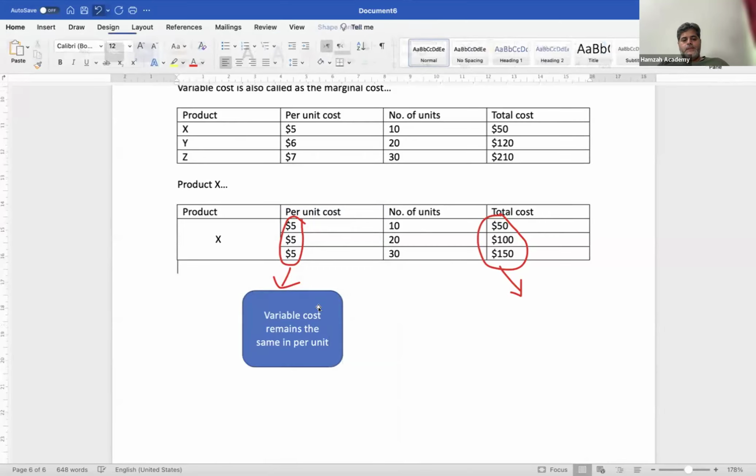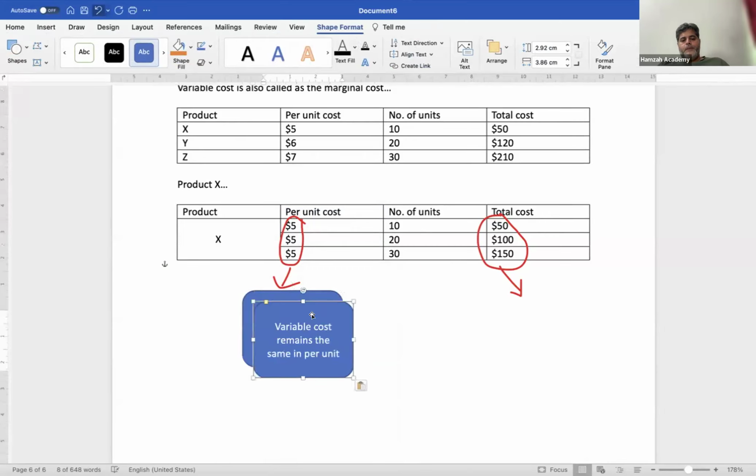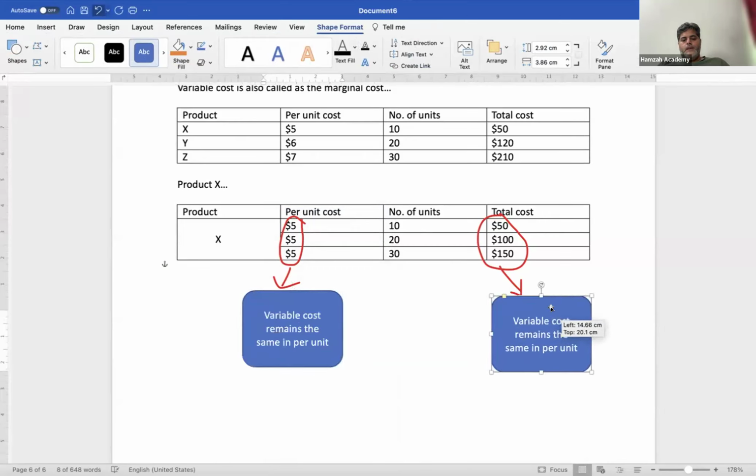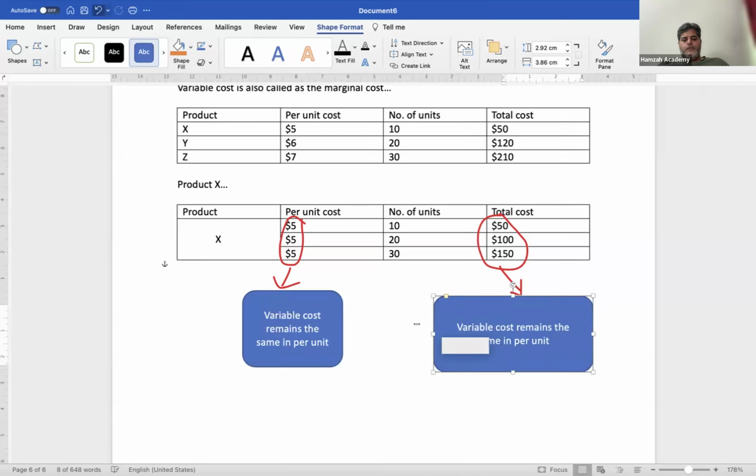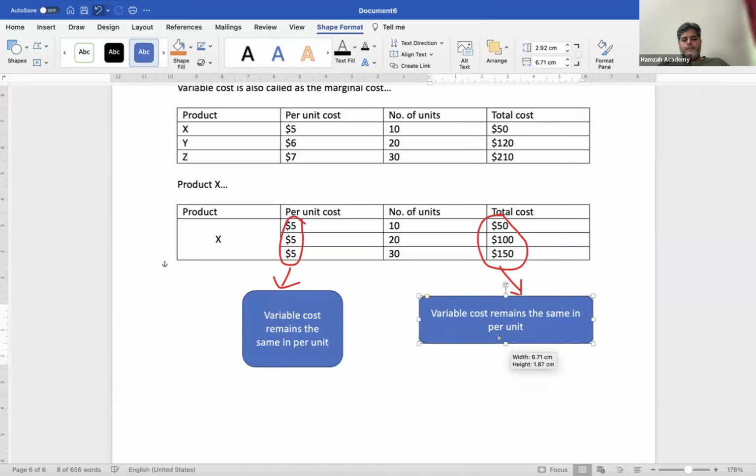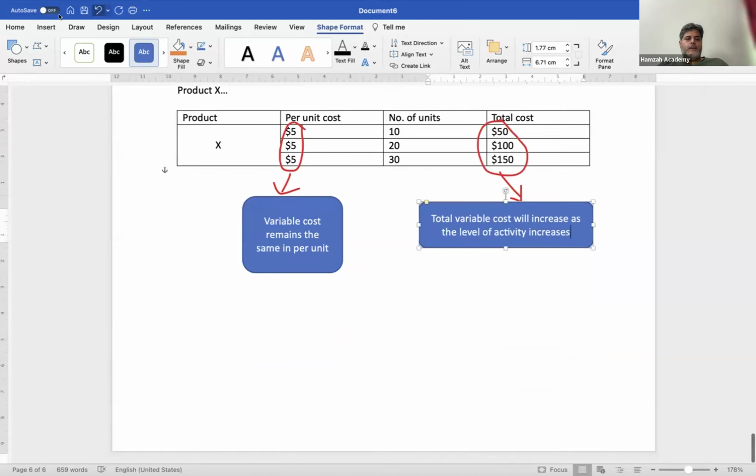This variable cost remains the same per unit, and if I go over here, total variable cost will increase as the level of activity increases. So total variable cost increases as the level of activity increases.